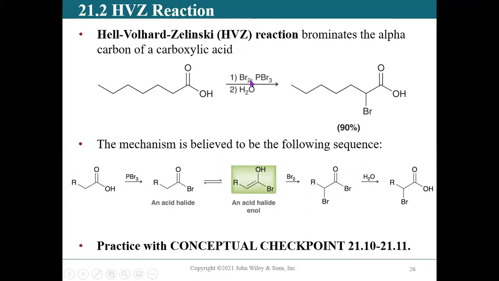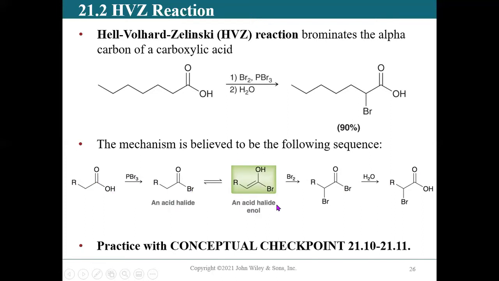The first step is using Br2 in the presence of PBr3, then use water to finish the process. The mechanism is believed to be the following sequence. We start with the carboxylic acid, and PBr3 will replace the hydroxyl by Br. So it's an acid halide.